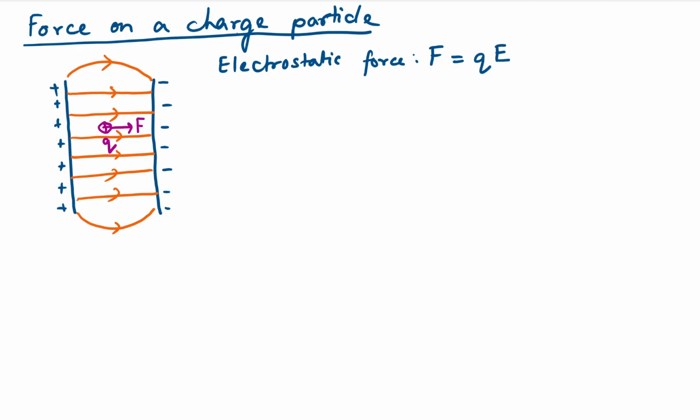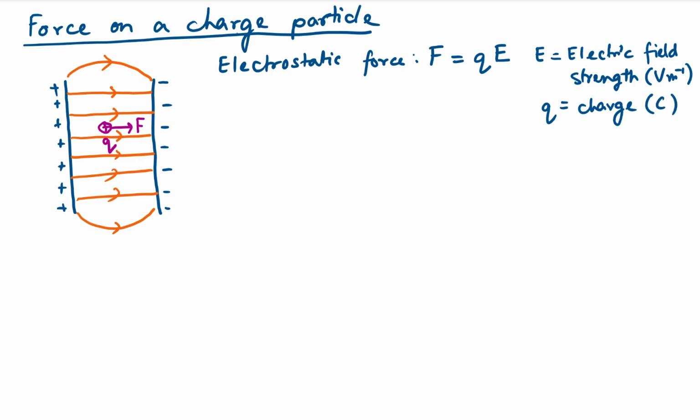So it depends on how much charge we have, the amount of charge on this particle placed in here, and it depends on the electric field strength set up between the two plates. So basically this E over here is the electric field strength measured in volts per meter, and this Q here is the charge on the particle, and it has to be in coulombs.